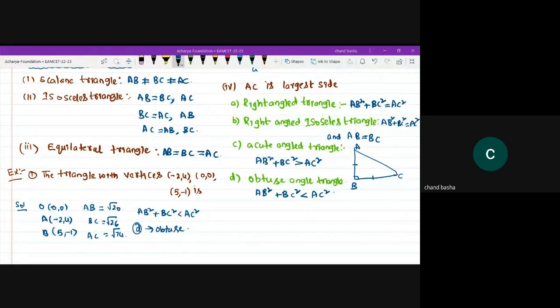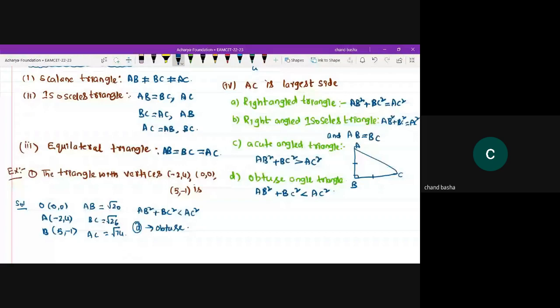Let's have one more question related to this triangle concept. Second question. The vertices are given like this. Problem number 2. Example number 2. 4, 3.